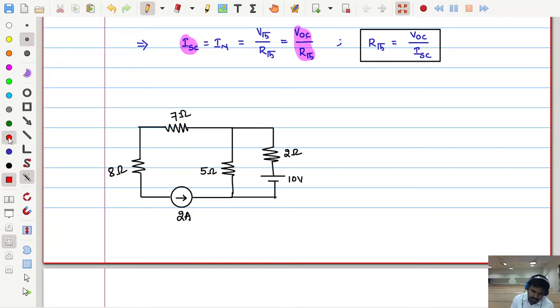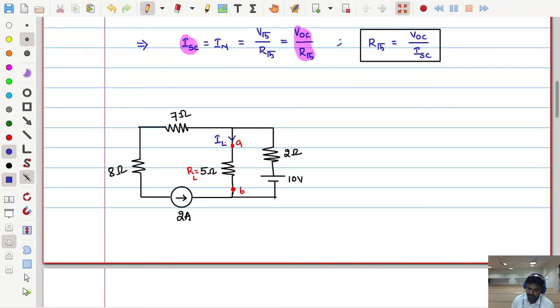Now what I need is the terminals AB. So this I can assume as a load resistor, RL is equal to 5 ohms. How much will be the current through this load IL by using Thevenin's theorem and Norton's theorem both?